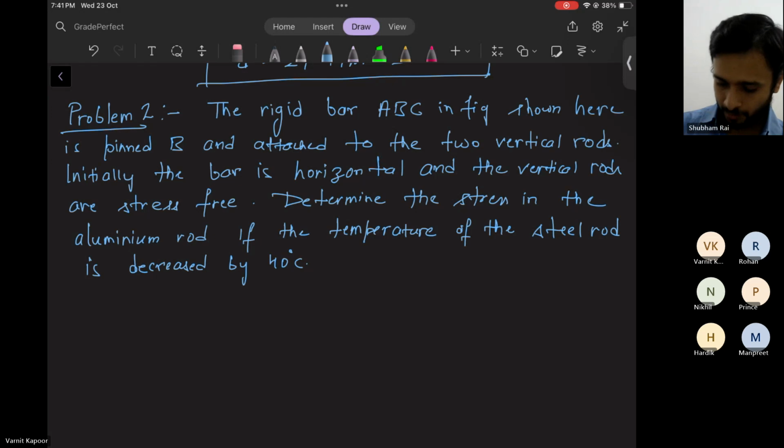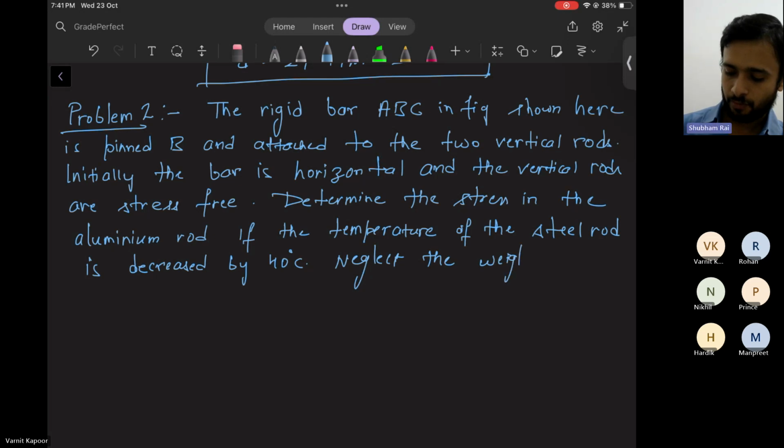Okay. And then you also have to neglect the weight of the bar. You don't have to consider the weight of the bar ABC.